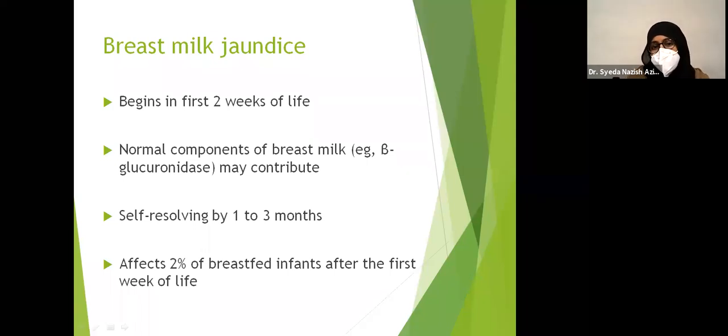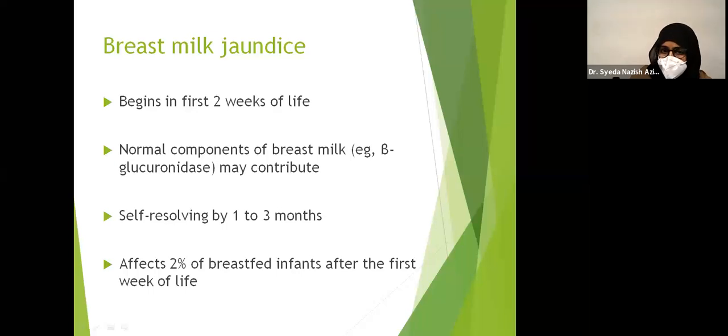The reason for breast milk jaundice is the presence of an enzyme in the breast milk called beta glucuronidase, that inhibits the conversion of unconjugated bilirubin into conjugated bilirubin, thereby increasing the load of unconjugated or indirect bilirubin in the serum. It can take a little bit longer, up to 3 months in some cases, to resolve.